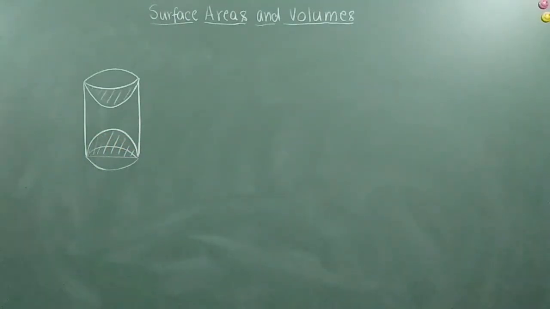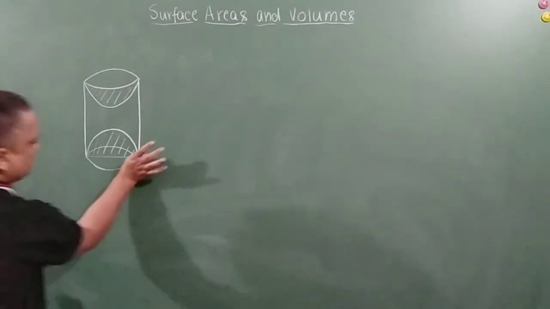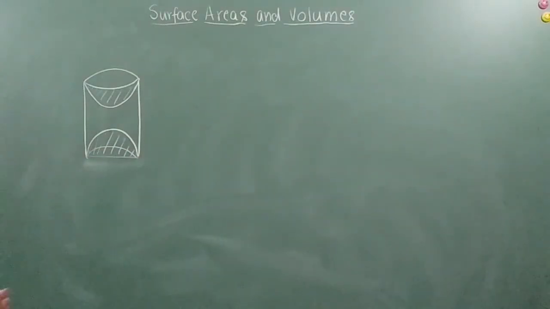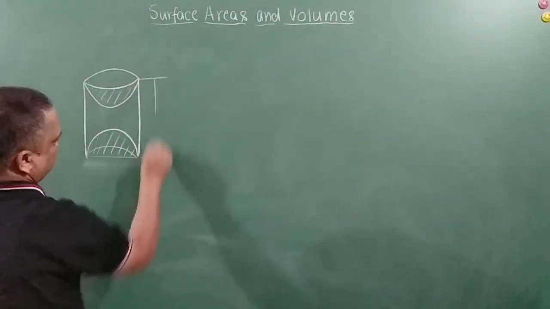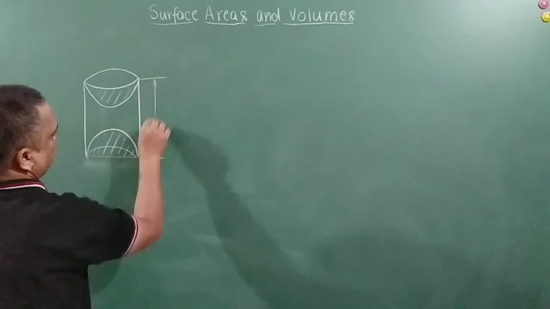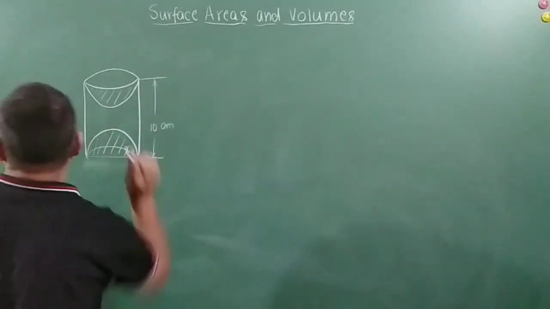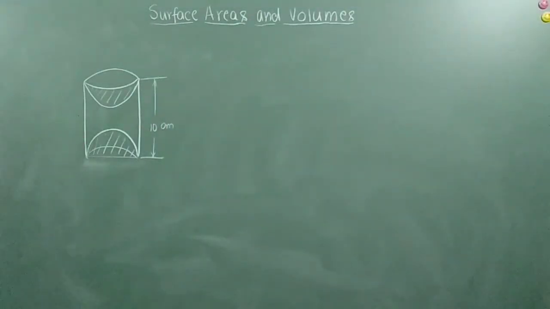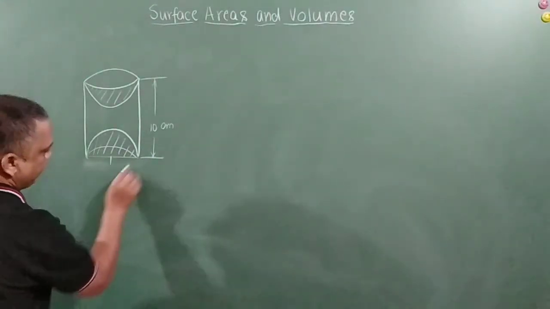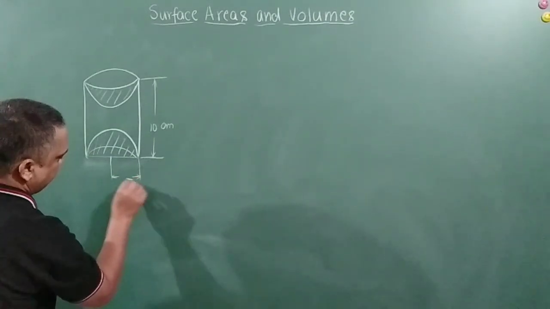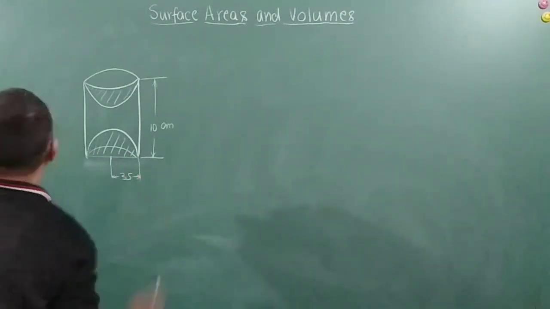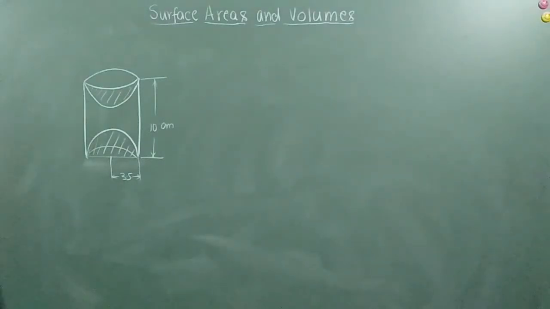So now a wooden article is made by scooping out this thing. Now height of the cylinder is 10 centimeter, and base radius is 3.5. Find the total surface area of the article.